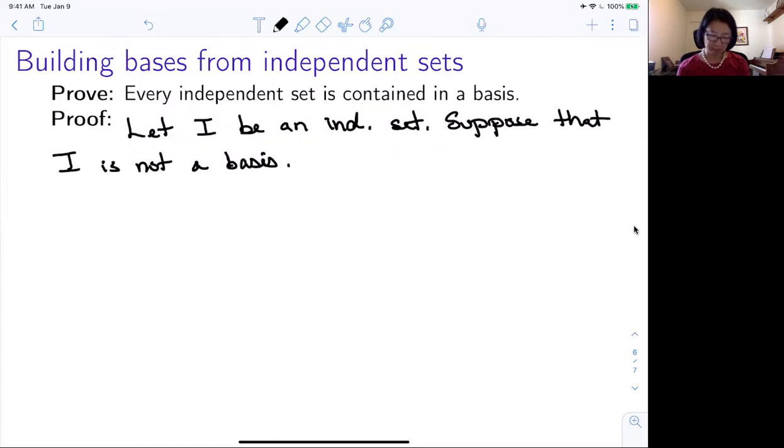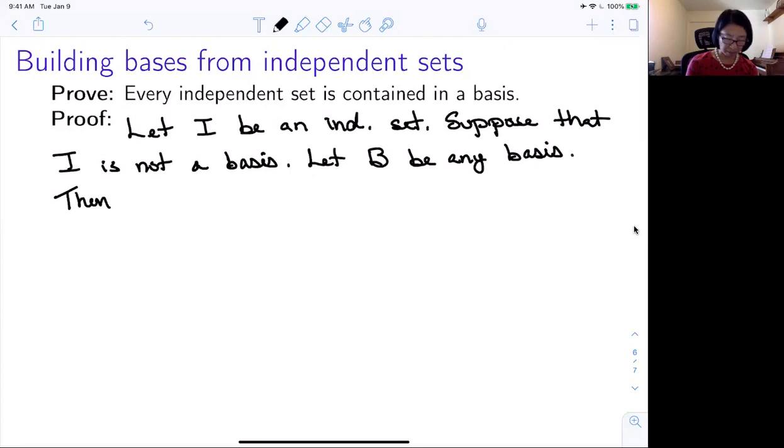Okay, so then let B be any basis. Well, since I is an independent set that's not a basis, it must be that the cardinality of I is less than the cardinality of B.